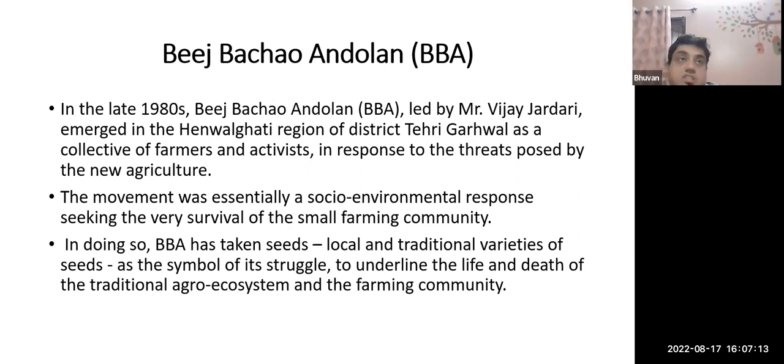So there is a system which is followed, especially in the mountainous area, known as Bara Anaja, where 12 kinds of cereal grains are grown together in a multi-cropping system. You can say it is a polyculture, not monoculture. So basically, for reviving those kinds of traditions, Beej Bachao Andolan has been started.